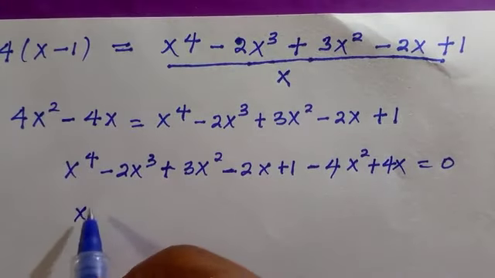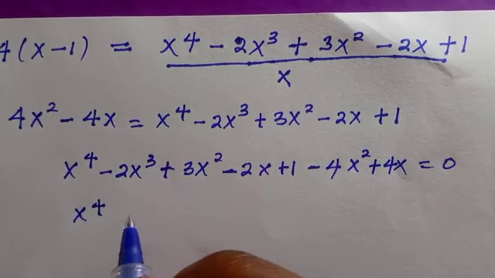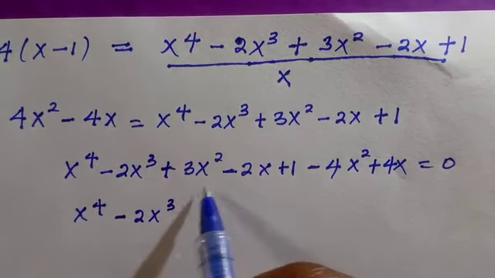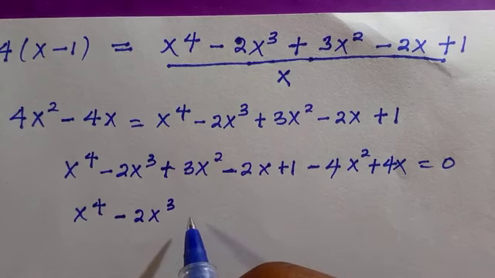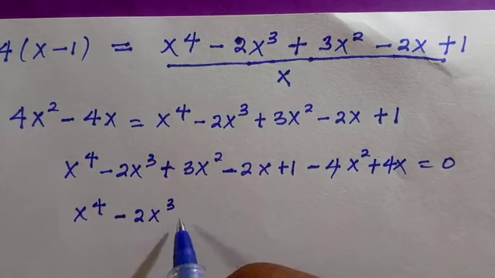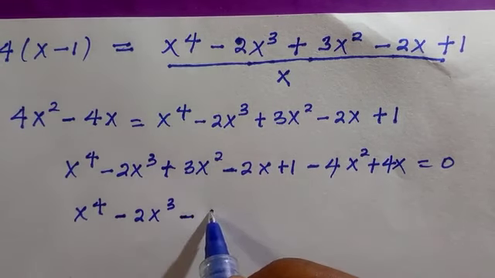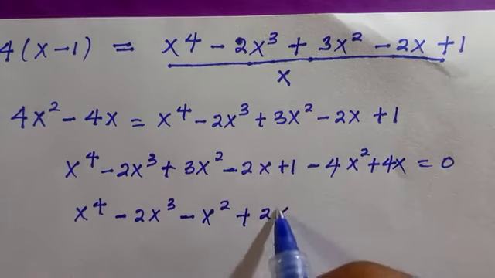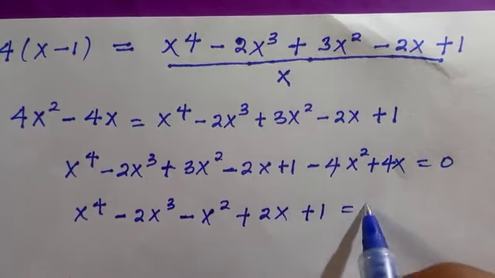Then here we have x raised to the power 4 minus 2x raised to the power 3. And here we can combine it together, and this becomes 3x squared minus 4x squared. That is going to be minus x raised to the power of 2. And this and this is plus 4 plus 2x plus 1 equals to 0.